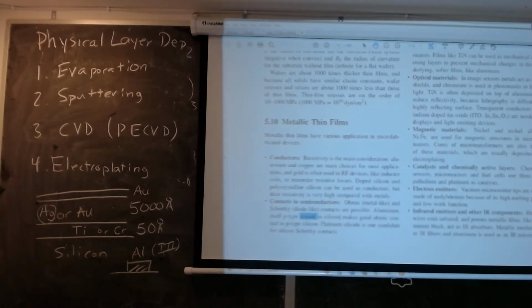It's not one you typically use, but it will work, and so you will get a good ohmic contact to p-type silicon. So if you're making a semiconductor device in silicon, particularly where the top surface is p-type silicon, a good way to make an ohmic contact is to use aluminum.